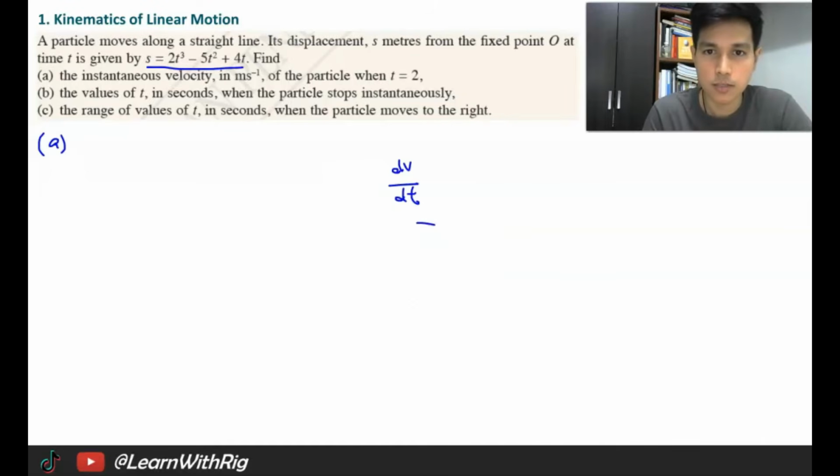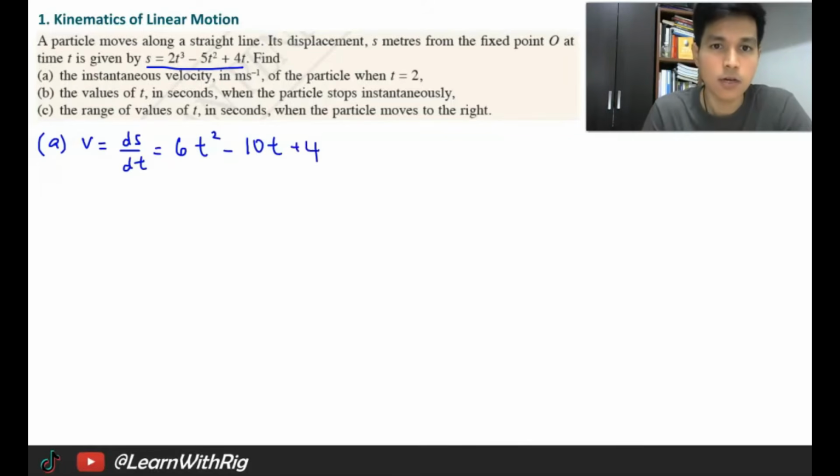So now the question is asking for velocity and you only have displacement, so you have to differentiate. So v will be equal to ds/dt. So when you differentiate this, you will get 6t squared minus 10t plus 4. Okay, so this is your velocity function. So the question is asking when t is equal to 2.